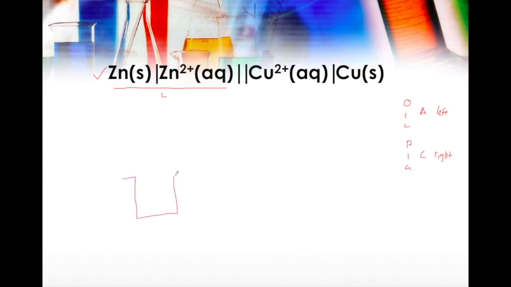I'll try to keep it as neat as possible. I do apologize earlier if the drawing was not so clear. Okay, so I've done, this is obviously my beaker. Those are going to be my electrodes. Again, I'm just going to draw the electrode on both sides, and this is going to be my electrolyte, and that's my salt bridge.